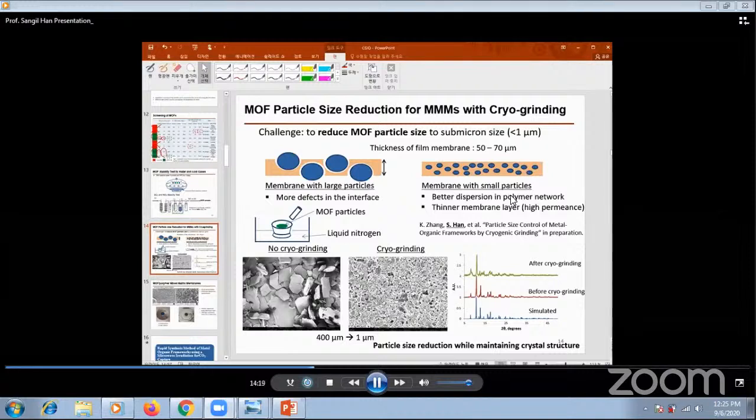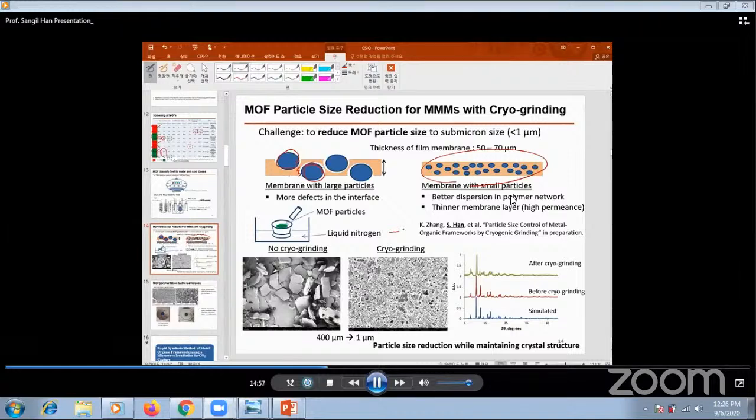So finally, the best MOFs were selected to produce the mixed matrix membrane, which is a hybrid polymer membrane where the inorganic MOF particles were dispersed like this. If you see the left image, when the particle size is too large, there is a gap or defect between the particle and the polymer.